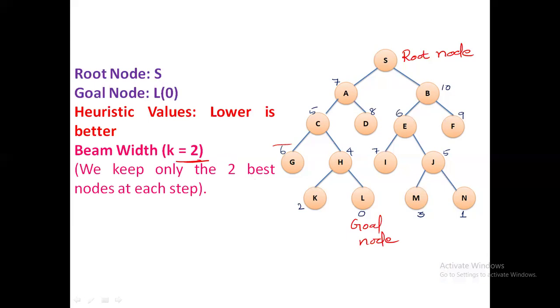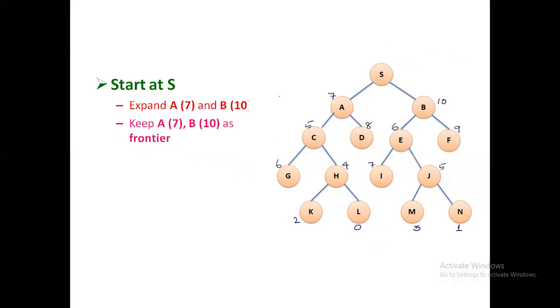We begin the search at the root node S, which has two child nodes. What are the two children? A, with heuristic value 7, and B, with heuristic value 10. So the children of S are A of 7 and B of 10.